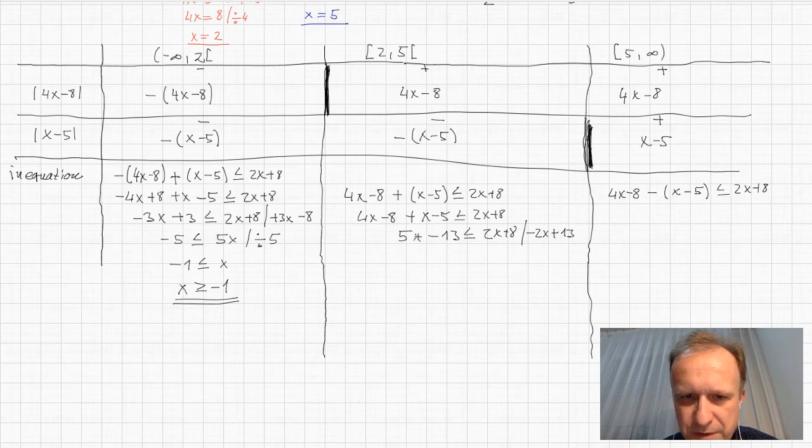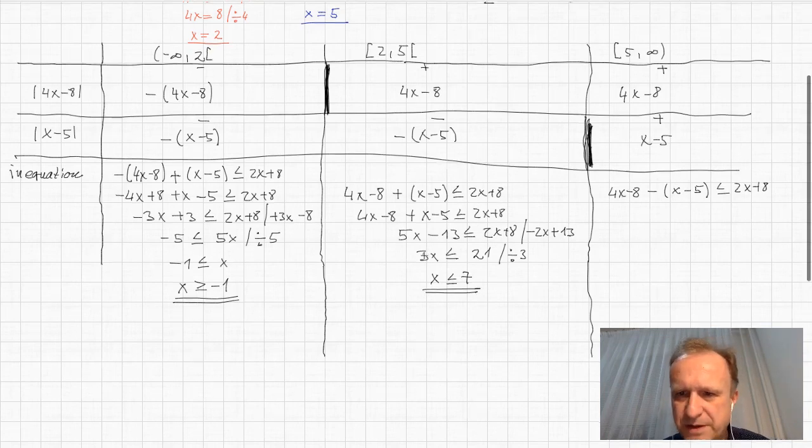So if I do that, 5x minus 2x is 3x, is less than or equal to 8 plus 13, which is 21, and hence if I divide by 3, I get the answer x is less than or equal to 21 divided by 3, which is 7. So this is the second preliminary answer, but it's not the final answer. Just wait for a while.